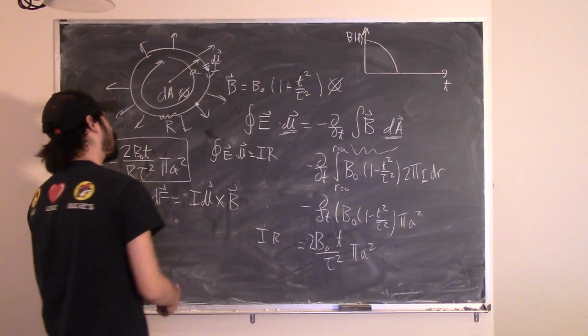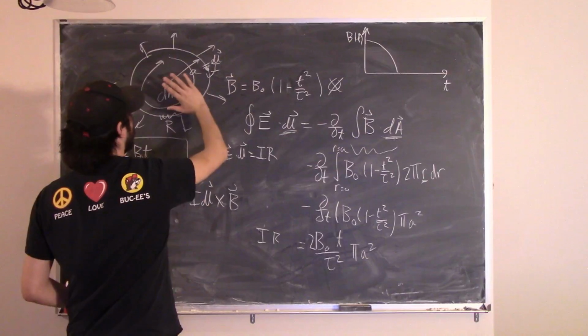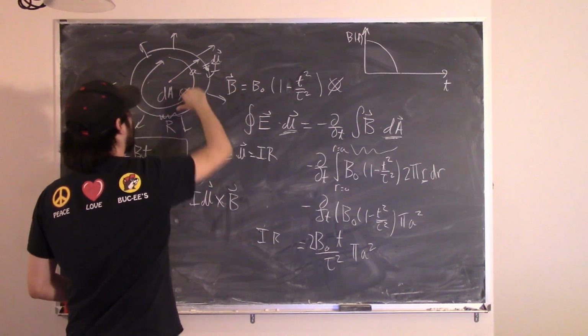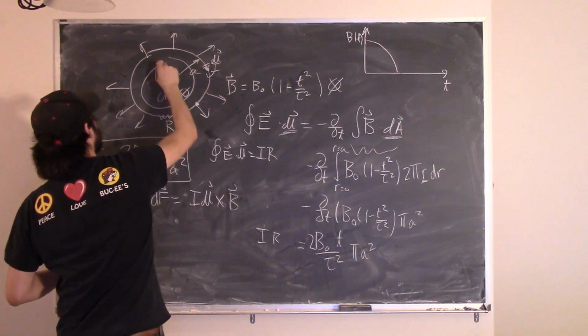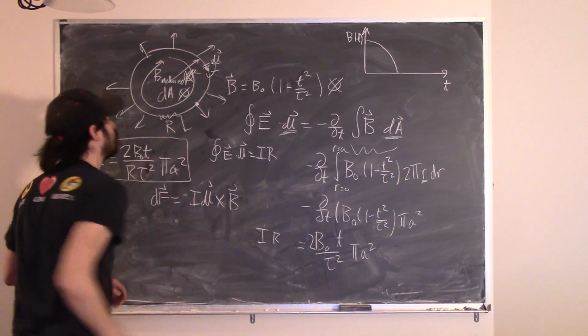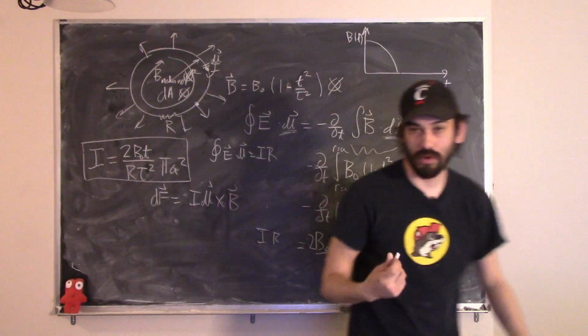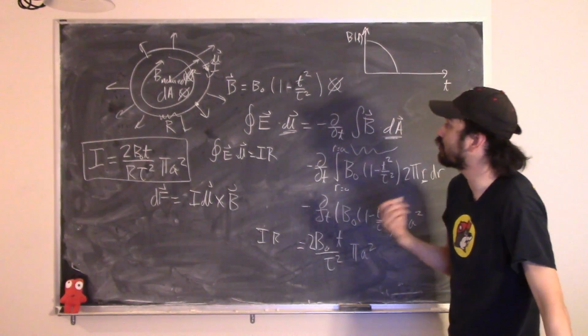And so if I put my thumb in the direction of the current, again just at this point right here, and curl my fingers, that tells me that the induced magnetic field, so B induced, is going to be pointing in. Okay? And let's see if that induced magnetic field is consistent with what Lenz's law tells us.